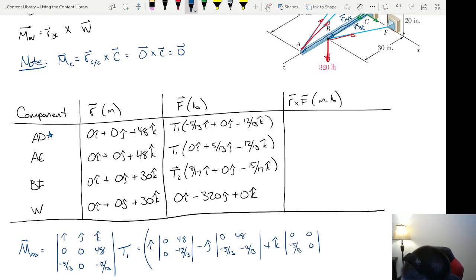Then that whole thing is multiplied by T1. Don't forget the T1. So maybe what I'll do is I'll really indicate that.